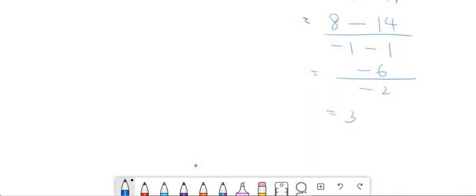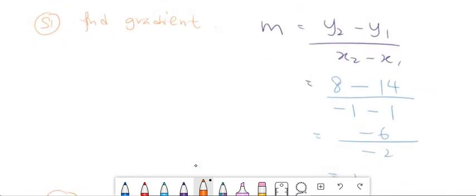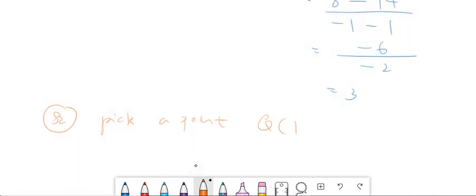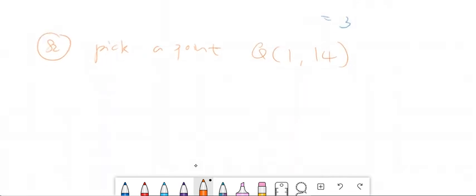Okay, so after that, what will you do? You pick a point. You pick one point. You pick the positive one, easier, (1, 14), unless they have specifically told you it's across which point and so on. So here highlight your x and y.